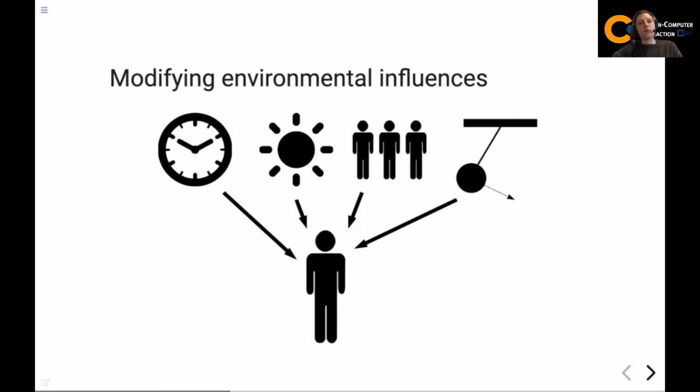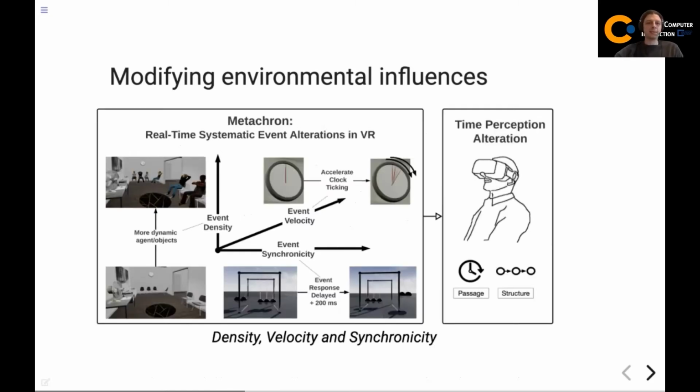I will now go into more detail on the object and environmental influences. We proposed 3 main axes for how we can manipulate objects in the scene. The example on the left, an empty waiting room versus a fully crowded waiting room that you already saw in the beginning, corresponds to our density axis.